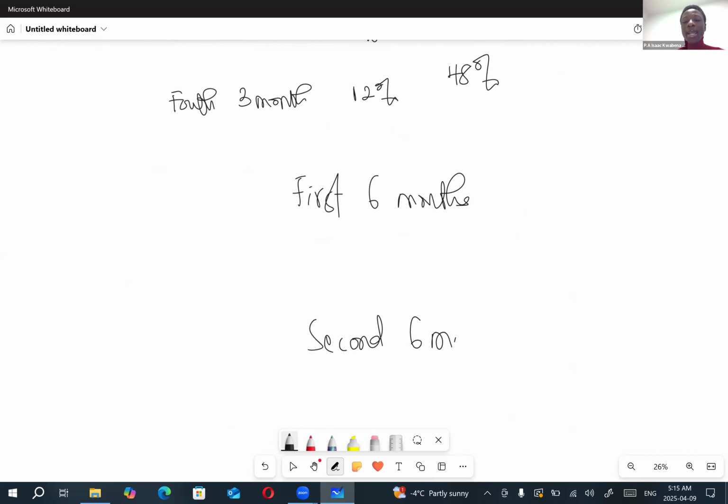6 months. My next question is, the bank interest rate was 12% per annum, and it is said to be compounded semi-annually, compounded half yearly. So for every 6 months, what rate are you going to use? So and so over 100.